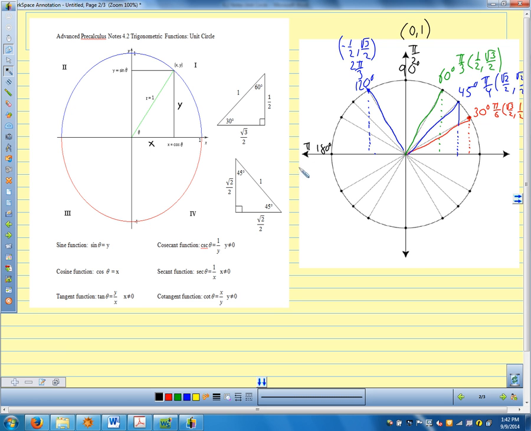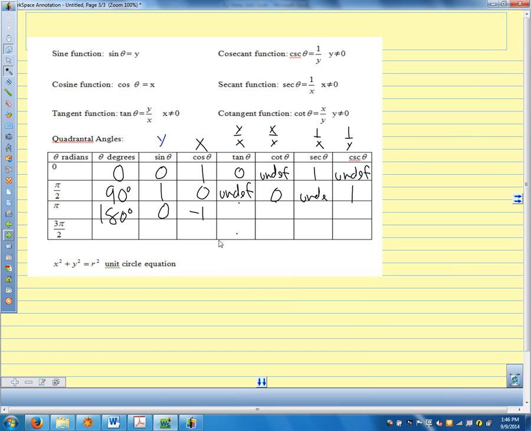My coordinate is -1 and 0, so that would be on your unit circle. The tangent, y over x, 0. The cotangent is going to be undefined. 1 over x, -1, and 1 over y is going to be undefined.